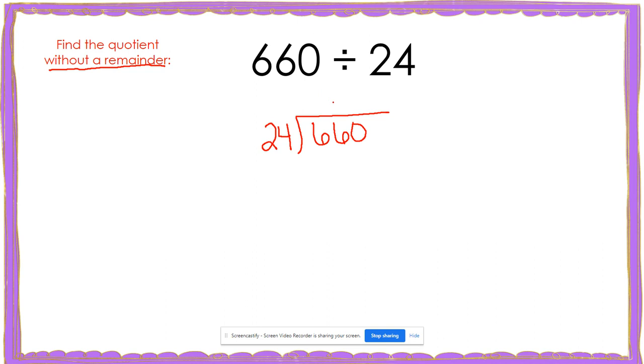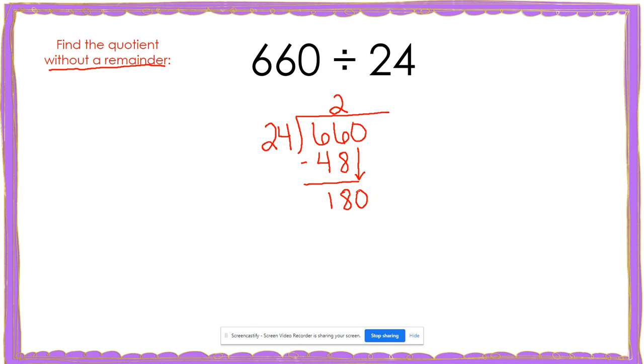And if I do 66 divided by 24, 24 will go into 66 2 times. Again, I place the 2 above my second 6 instead of the first one. 2 times 24 is 48, and now I'm going to subtract. When I do 66 minus 48, I get 18. Now I need to bring my 0 down.